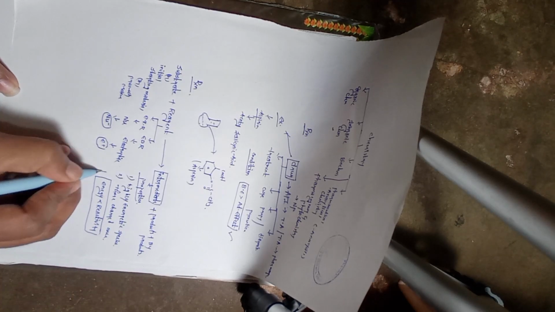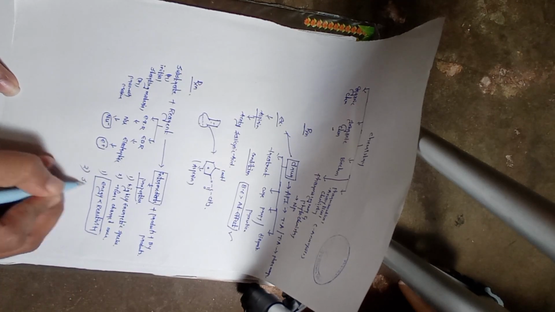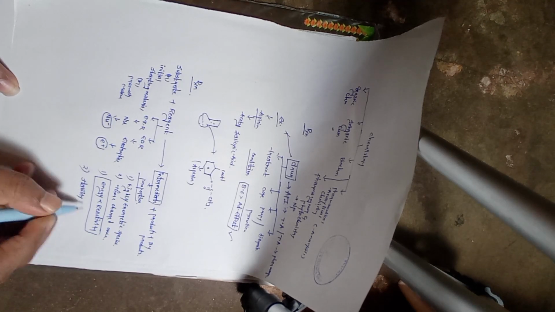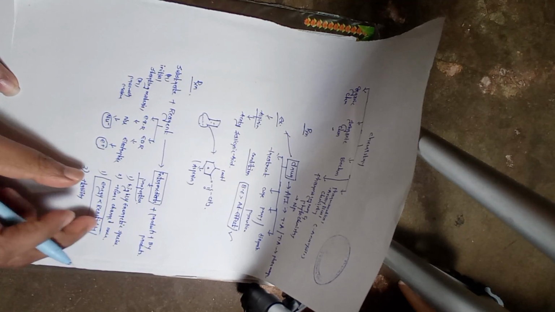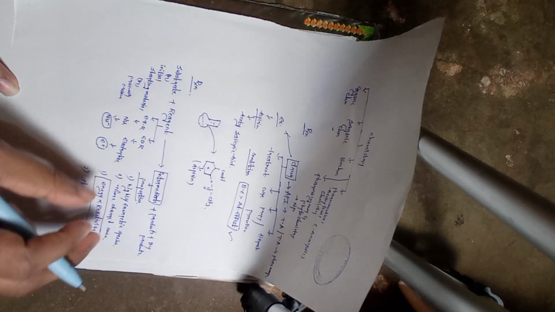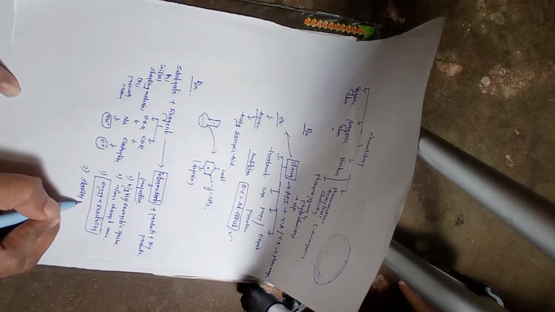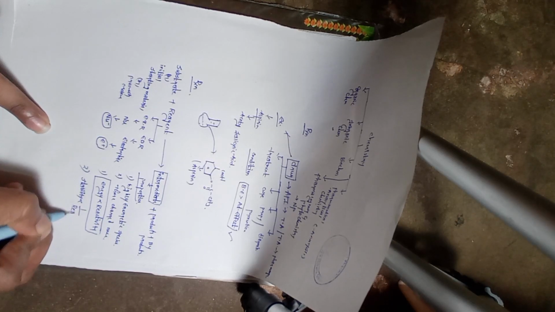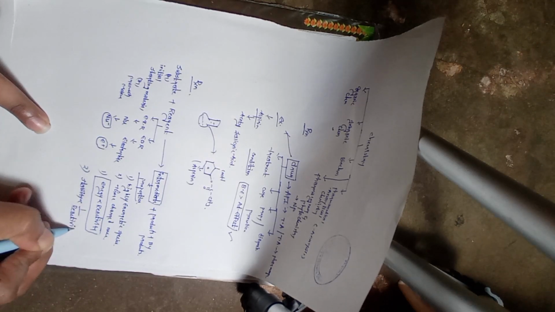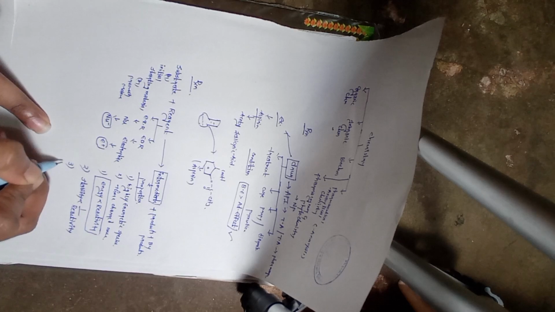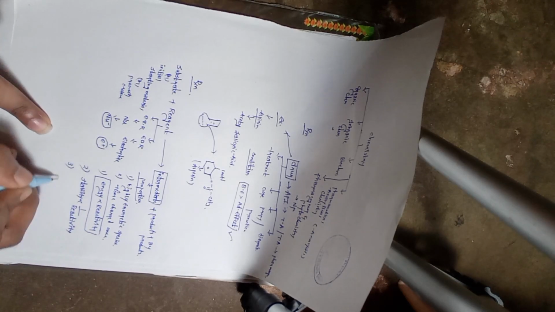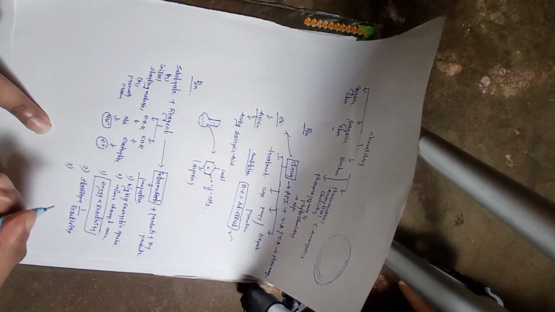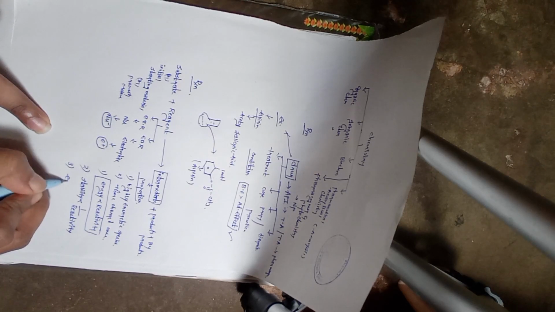At the same time, the stability of the intermediate: if the intermediate is more stable, then it will be less reactive. So more stable means less reactivity. Coming to the third relationship, if the intermediate has more energy, it will be less stable.